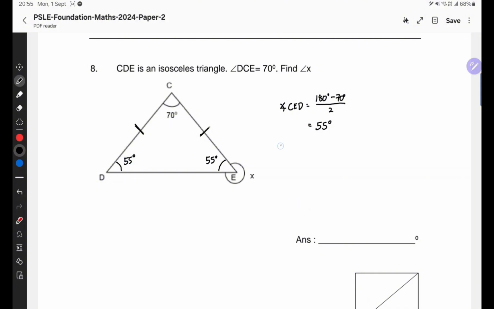Okay, so now to find the obtuse angle of CED, or rather find angle X, it will be 360 degrees minus away this 55 degrees, because angles at a point. So 360 minus away 55, I'll be left with 305 degrees. So this is my answer to question 8.